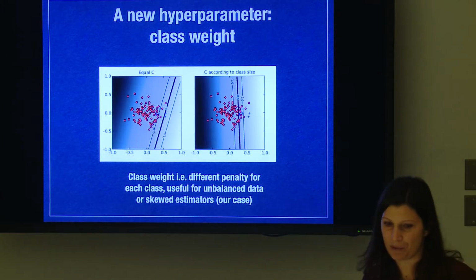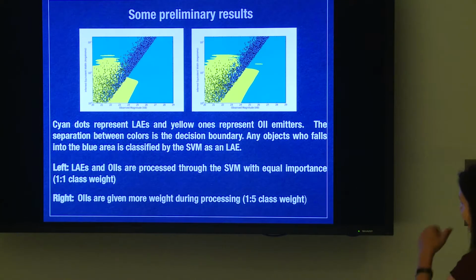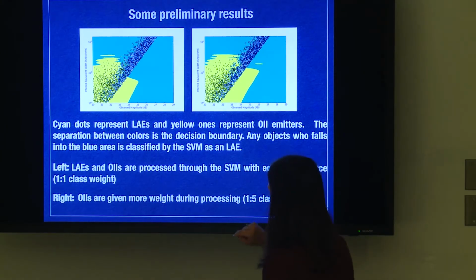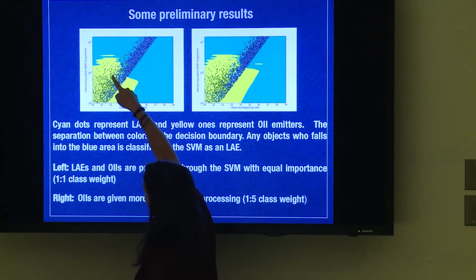And I have an example. This is a really old plot, but for some reason I'm never able to make this plot work. So what you're seeing here is one of the cases that we had, the yellow and blue points represent LAEs and O2 emitters.